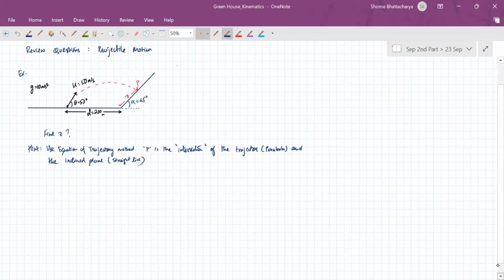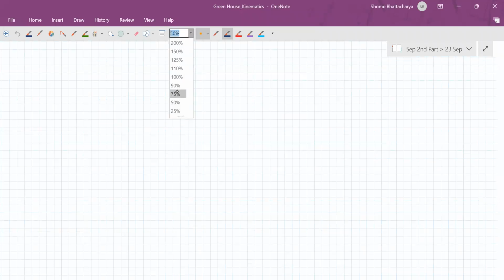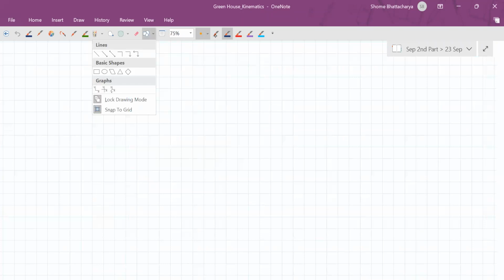Okay, so let's go over the method here. Sir, just a second. Okay, just a second. Yeah, go ahead. Try. I'm just setting up the coordinate frame and all that.